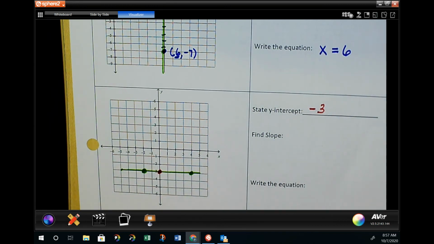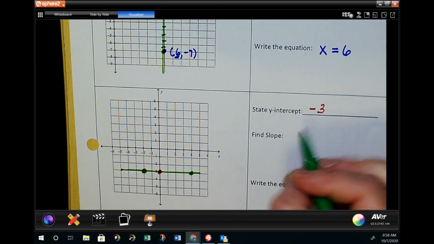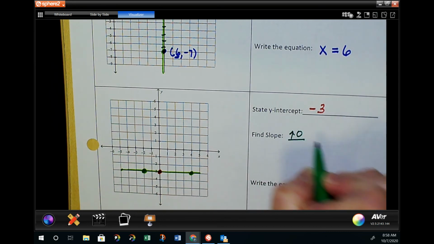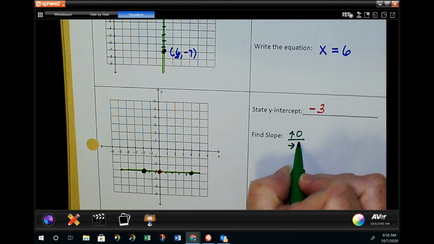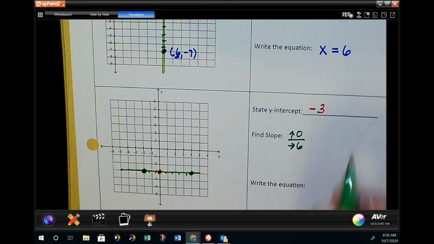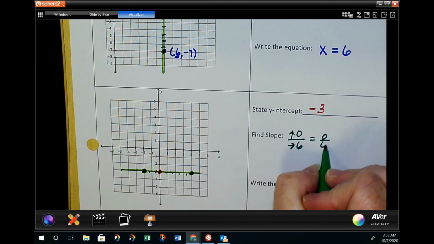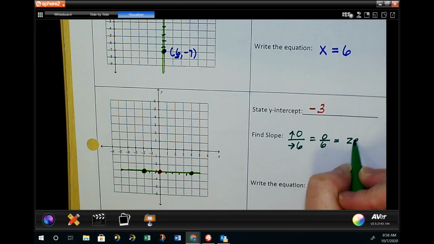And then my slope in this case is I'm going to go up none. So my rise is 0, and I'm moving to the right. So I'm going to go from this point 1, 2, 3, 4, 5, 6. So to the right 6, and 0 divided by 6 is a 0 slope. So my slope is 0.